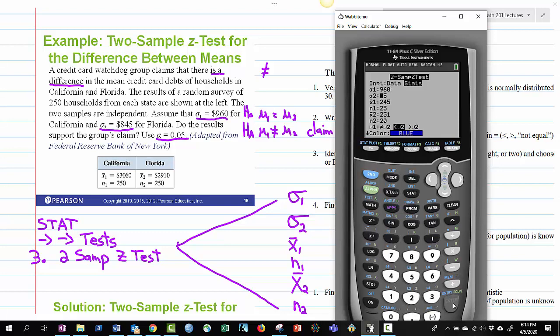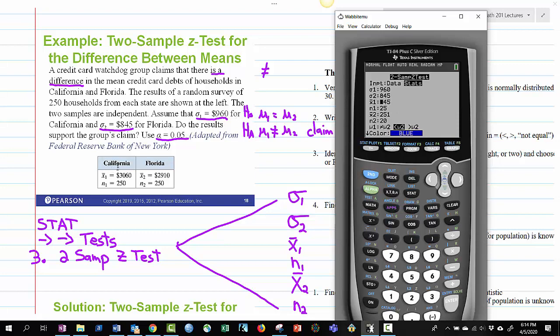We can hit Enter. Standard deviation 2 is 845. Just reading these right out of the question, right? Hit Enter. Now notice it was already in stats, so I left it there, okay? Stats means they're going to give us the statistics. If they actually give you the data values, you could hit data.